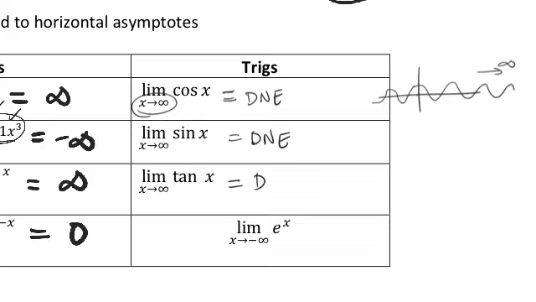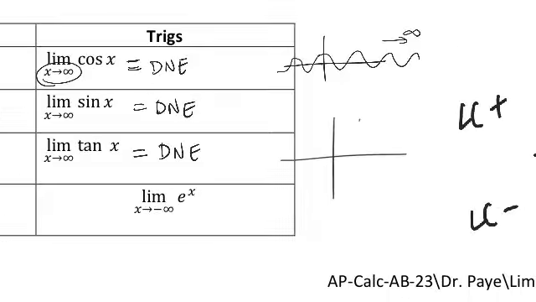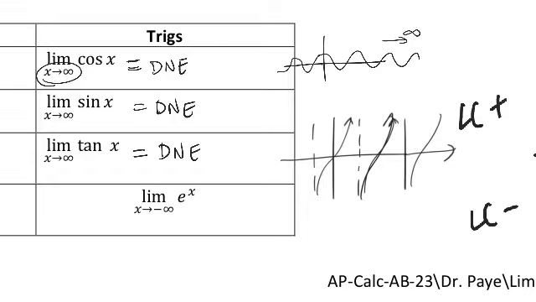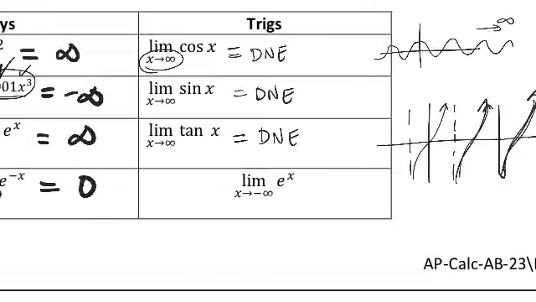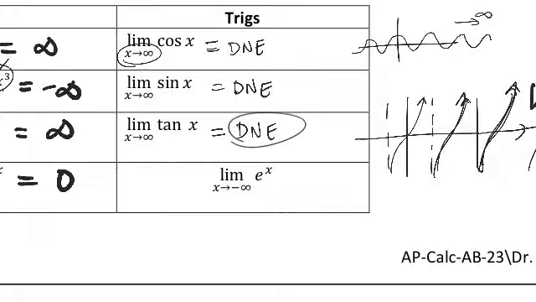Tangent x as well, because tangent, you might be thinking of the asymptotes, right? It does have asymptotes. But as you go to infinity, you're going through all of these values of the tangent. It goes from negative infinity all the way to infinity, and then it repeats that and it repeats that. It doesn't settle down anywhere. So this has to be a DNE.